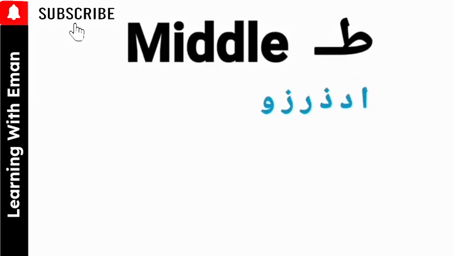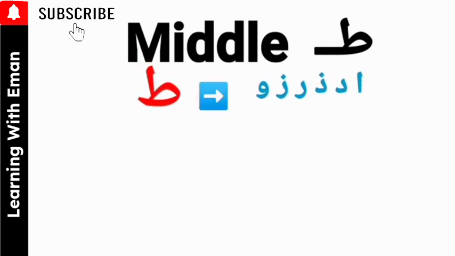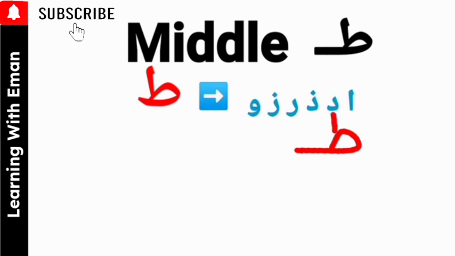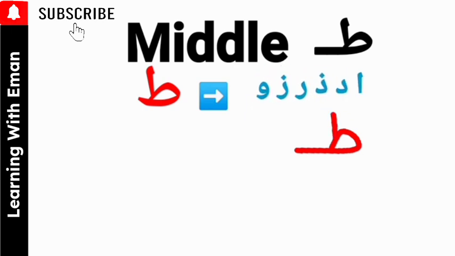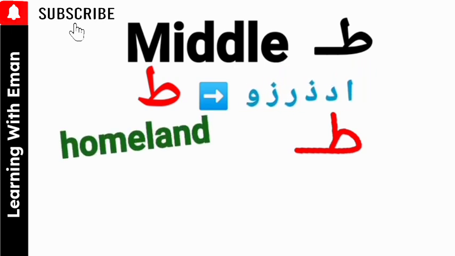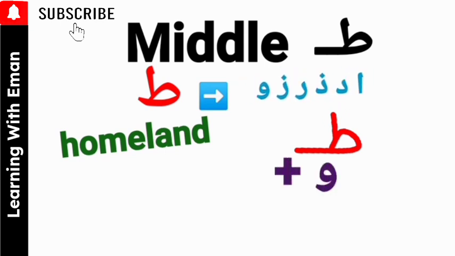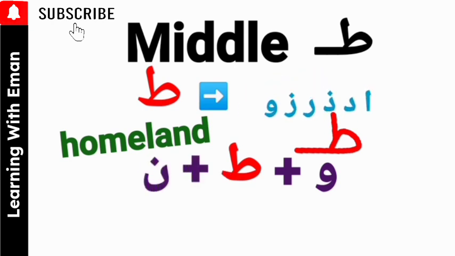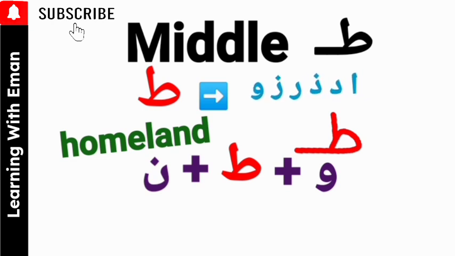When those exception letters come before the letter طاء, it will be written in the middle of the word. Like this. For example, وطن means homeland. و، ط، ني. وطن.